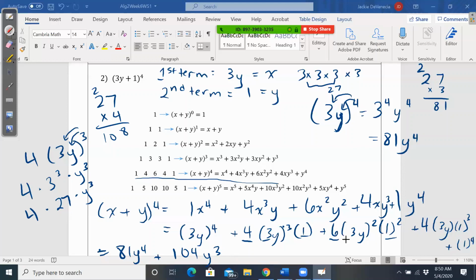And then here again, 1 to the 2nd power is just going to give me 1. So if I'm doing 3 to the 2nd power, you're distributing it. So this one will give you 6 times 9 times y squared, and that's going to give you 54 y squared.